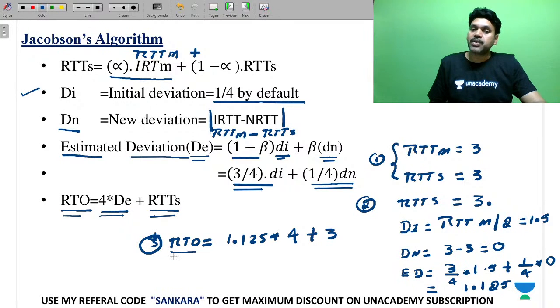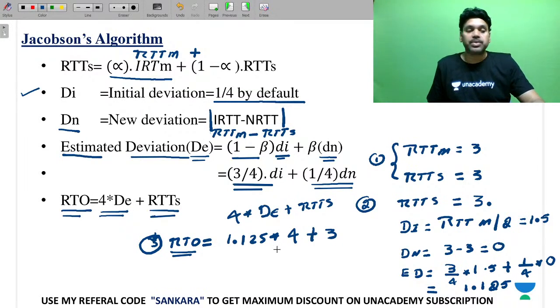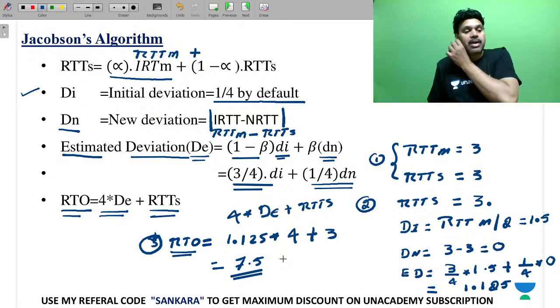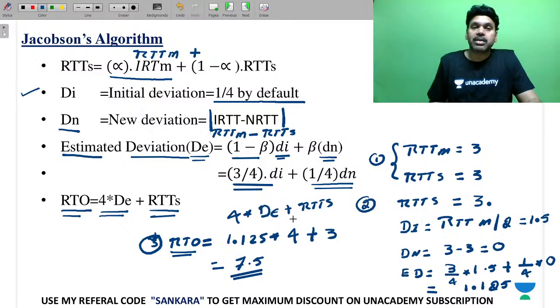Your RTO value is 4 into estimated deviation plus RTTS. So 1.125 into 4 plus your RTTS, it is 7.5. This is how we calculate the RTO value according to the Jacobson algorithm.